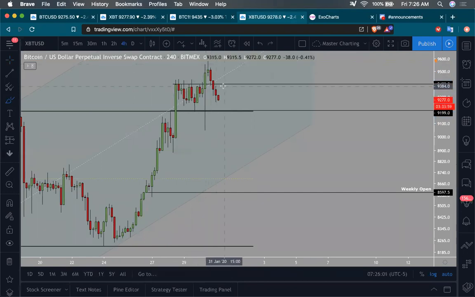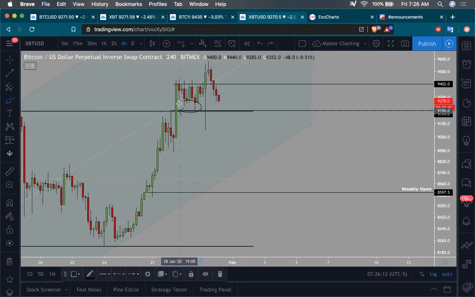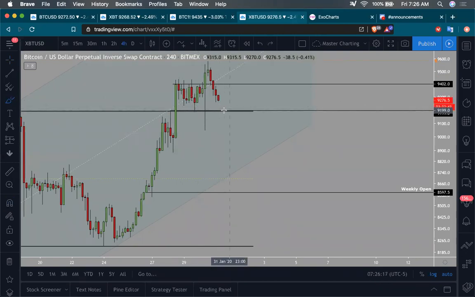But it makes sense that we hit $9,500, a key resistance area, and we got sold off below. Now the question is, is this low right here going to hold? For now, I don't see why it can't hold.